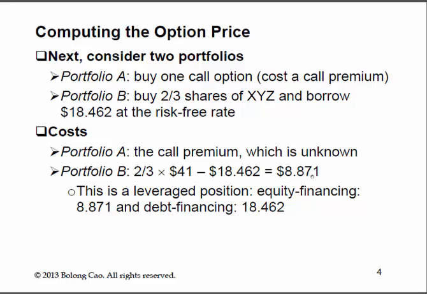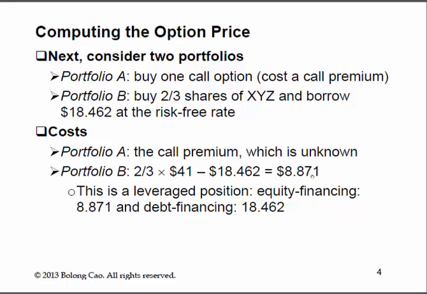Basically, what we need is 2/3 of one share, 2/3 of $41. We can borrow $18.46. That pays part of the 2/3 of one share. And then the rest will be $8.87. This one we have to put up with our own money.